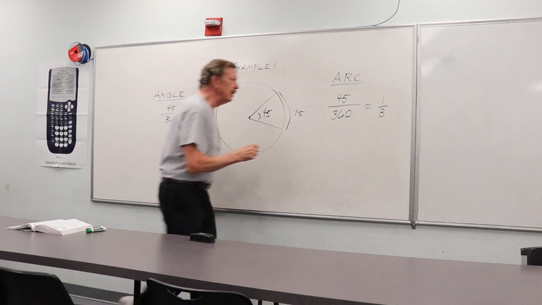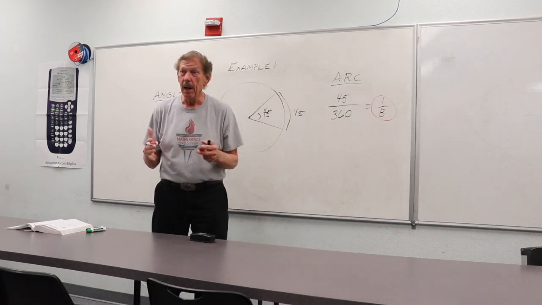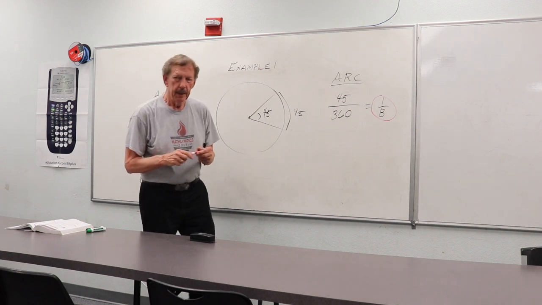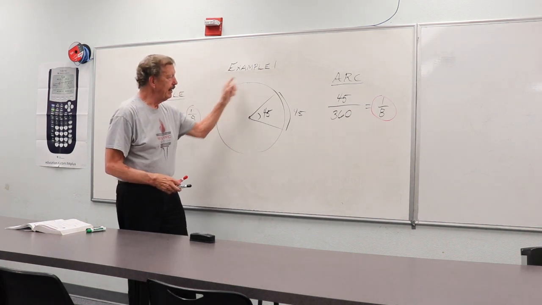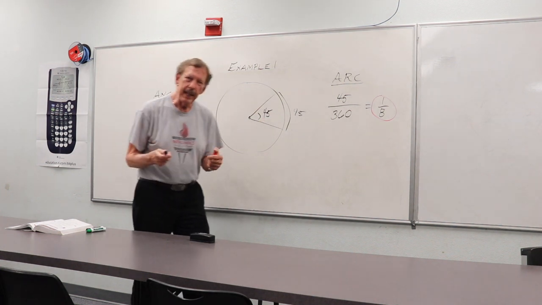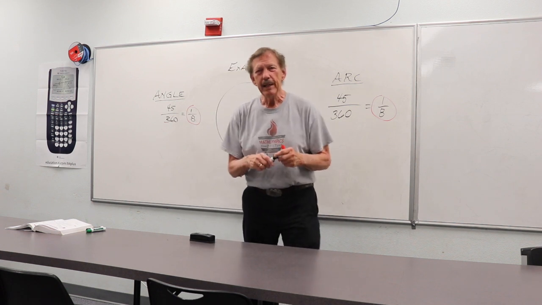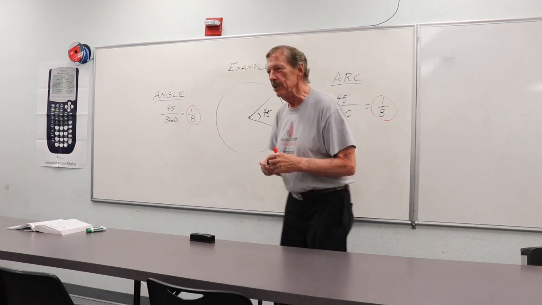Now the question that we answered yesterday is, this number is 1/8 of what? Well, it's 1/8 of the circle. And so we needed a way to find how big the whole circle was.